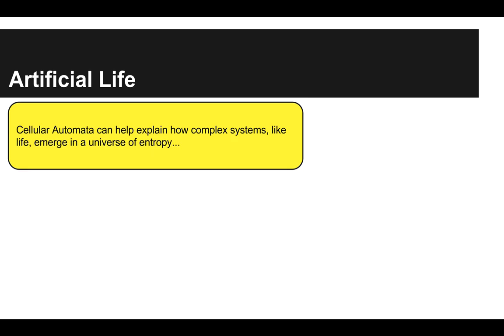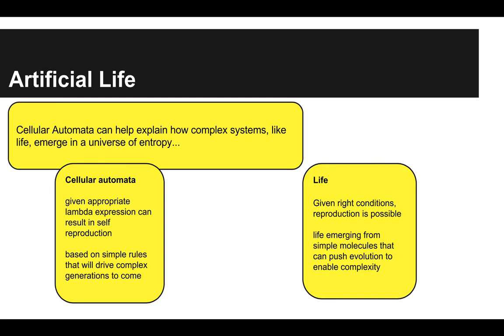And then of course there's artificial life. This is probably the number one application of cellular automata. Cellular automata can help explain how complex systems, like life, emerge in a universe of entropy. So here we can compare just a couple points between cellular automata and life.